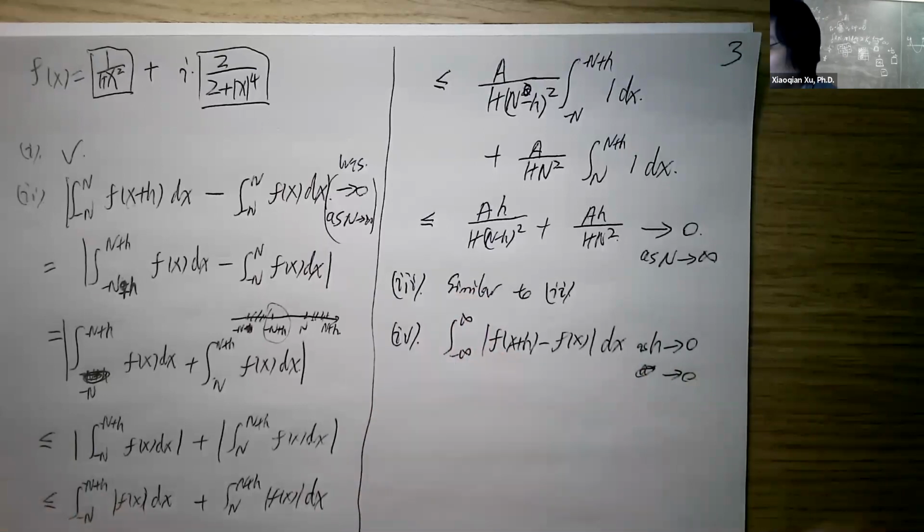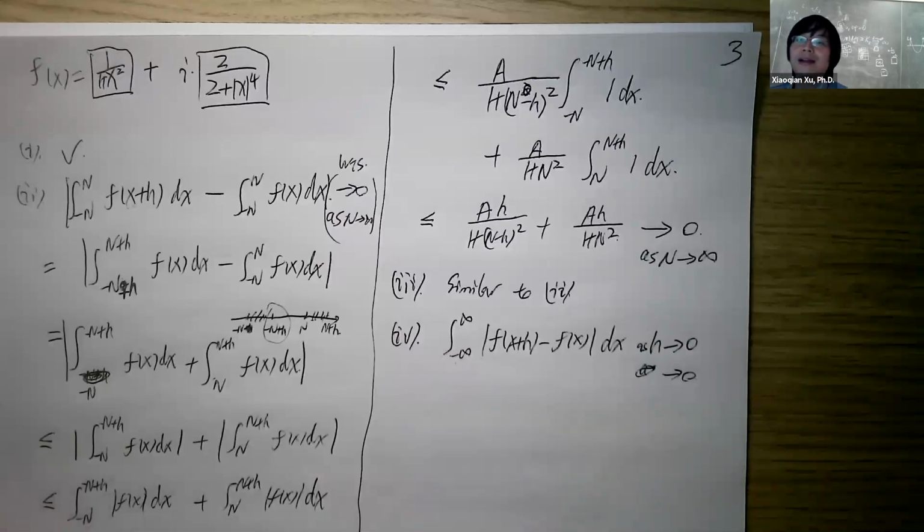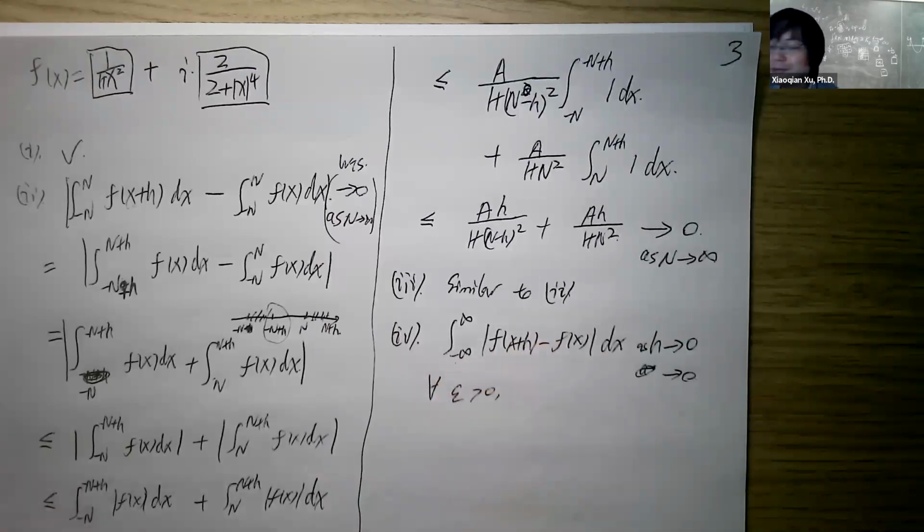So if we want to prove that, we want to show that for any epsilon, you can choose some delta so that when h, little h, is less than delta, you will have this whole integral less than epsilon, okay? So for any given epsilon, we want to find some delta neighborhood of h.